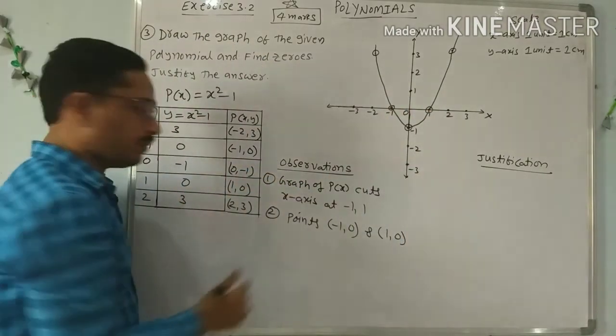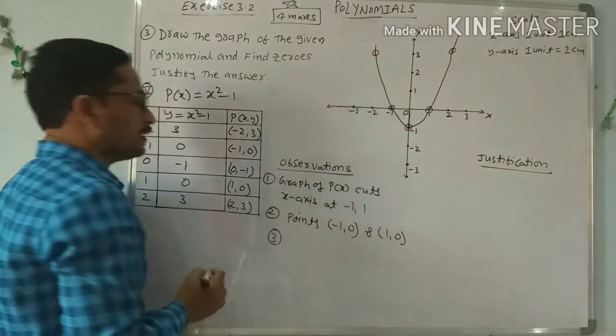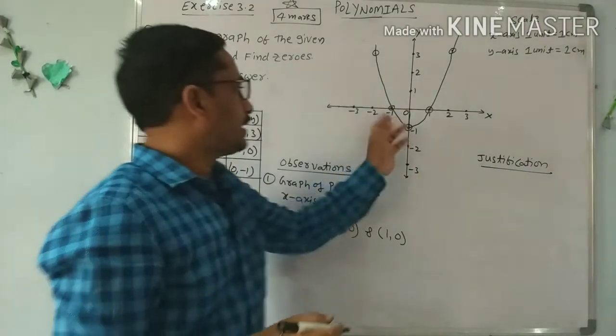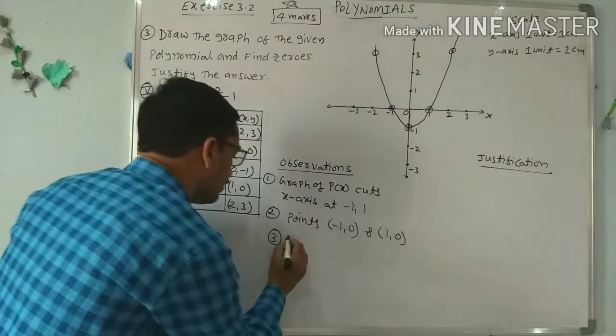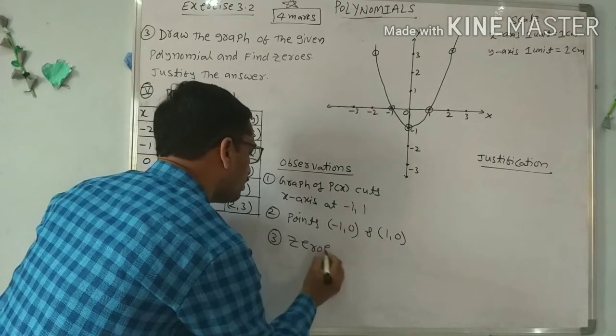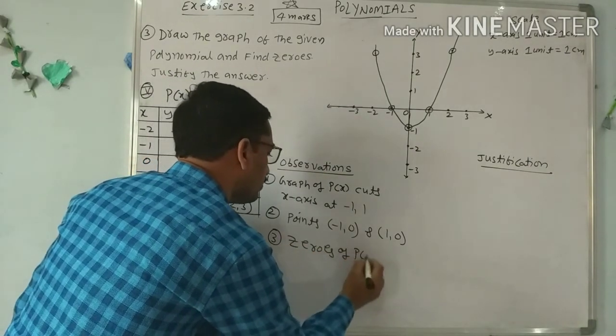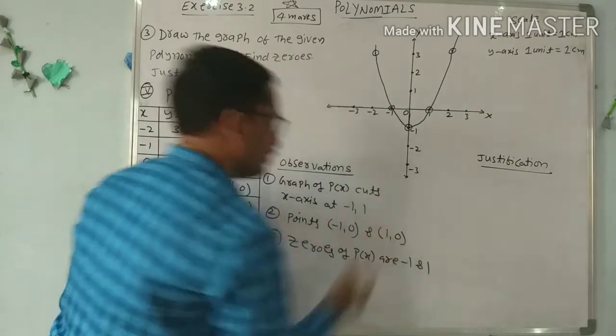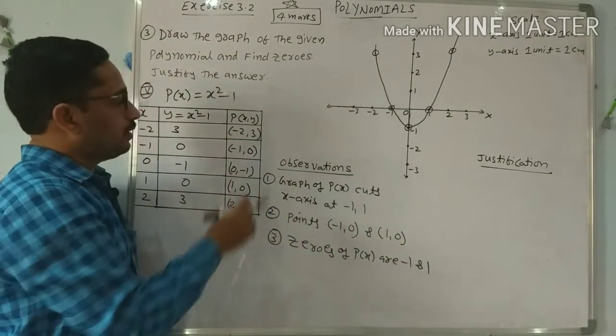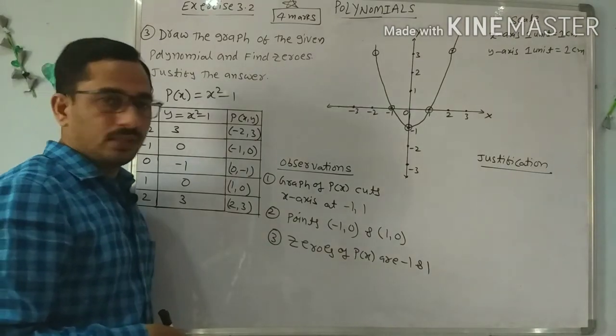Next, third observation. Now graph cuts x-axis at 2 points, minus 1 comma 1, means these are the zeros of our given polynomial. So zeros of p of x are minus 1 and 1.